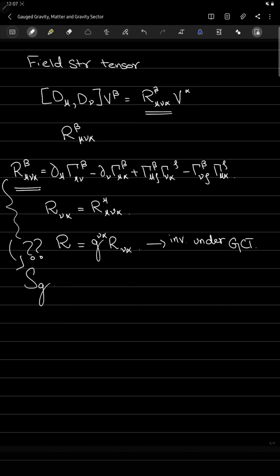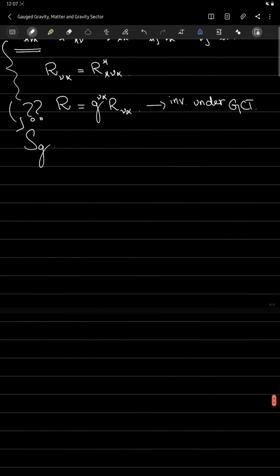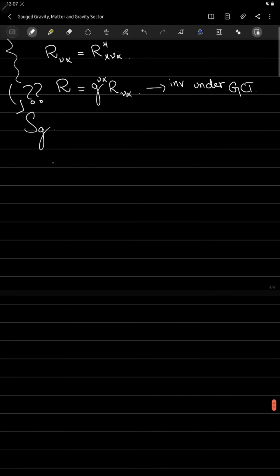So to answer this question, we'll start by considering the weak field approximation, which is simply that your metric tensor can be written in terms of the Minkowski flat space-time tensor added to it with some constant, some perturbation h_{μν}, right?